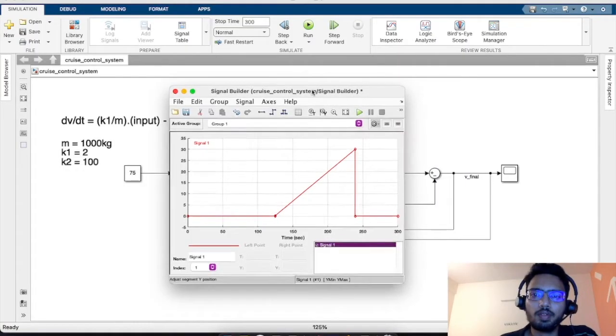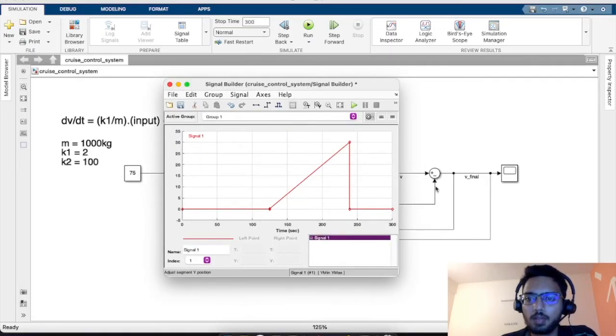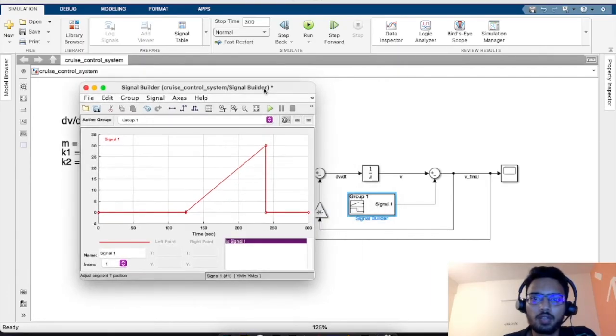So if you observe, because of this negative sign, this increase in V is actually reducing the final speed of the vehicle. So this is kind of simulating an upward slope, because at 125 seconds, when this value of V starts increasing, the final value of V starts decreasing, which means the vehicle is moving on an upward slope. And also this V continuously increases.